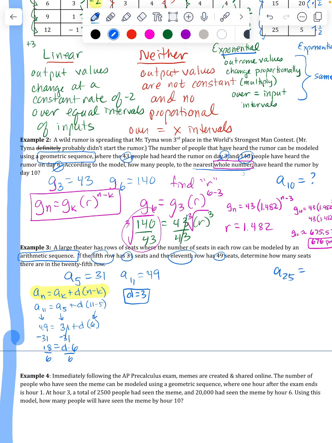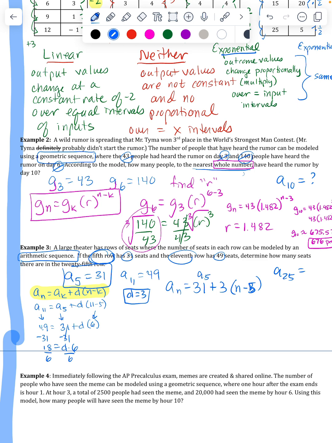Okay, so now I need a general formula, and when I do a general formula, I leave the ends. It doesn't really matter which one, so I'll just go ahead and start with my 5th row. I'll just use this one. So if I'm starting at 31, I'm going to add my common difference of 3, n minus 5 times, because this was a sub 5, sorry.